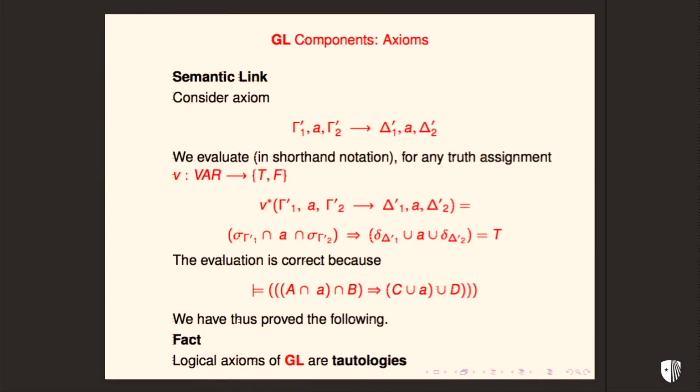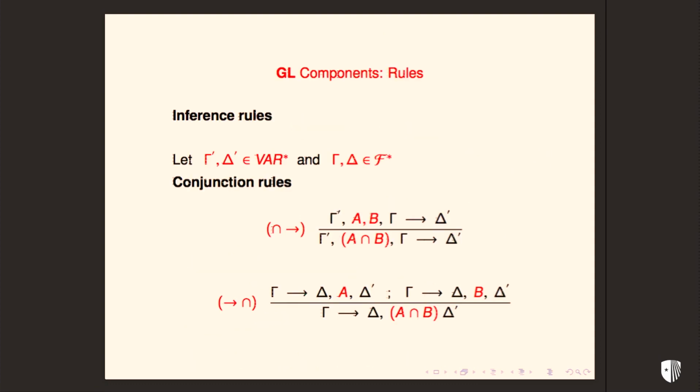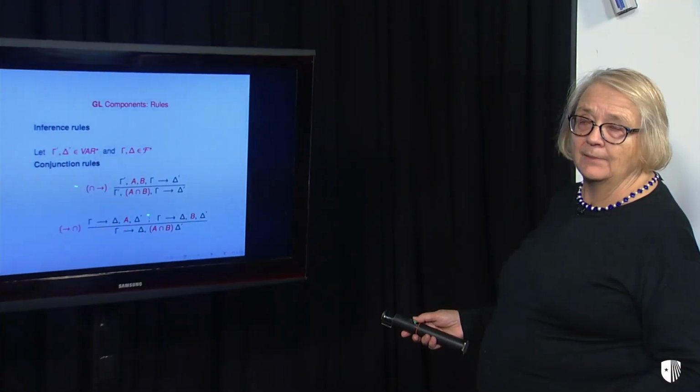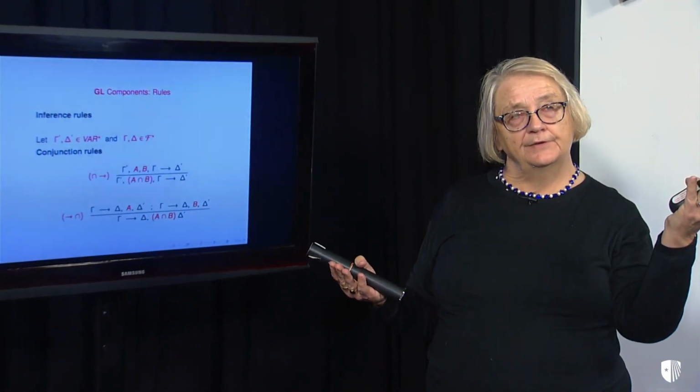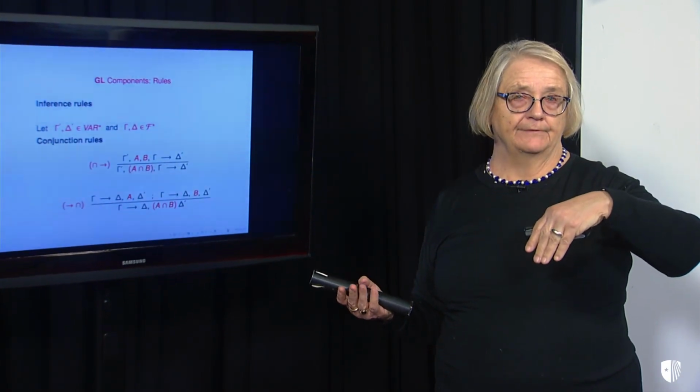You can do it by proof by contradiction. So really the fact that the axiom is a tautology is based on that simple classical tautology. So they are tautologies. And now you have inference rules, and the inference rules are of two types. In RS it was a connective and the negation of a connective.